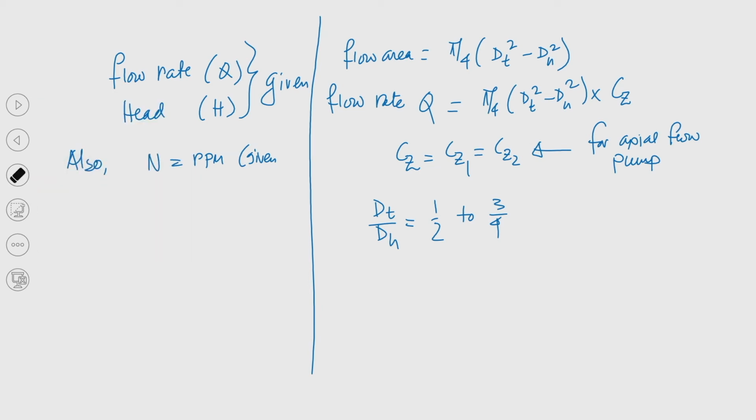So, this is basically hub diameter by tip diameter. So, dh by dt, that is given either half or 0.75. So, I am writing that dh by dt either equal to 0.5 to 0.75, right.